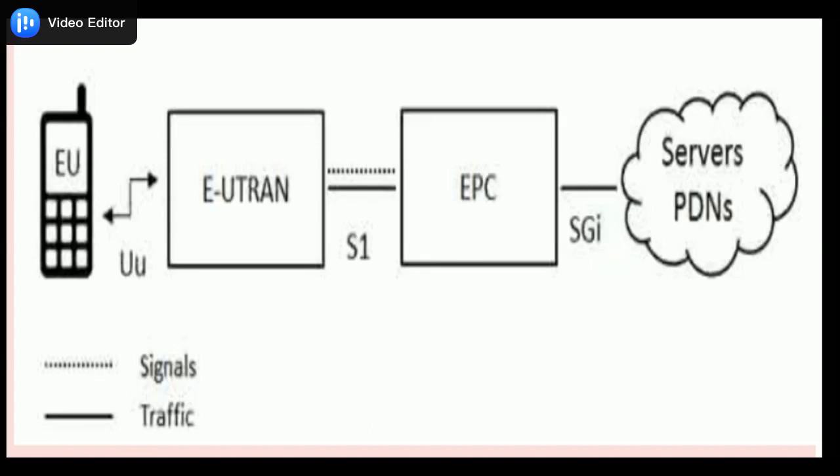Okay, the user equipment. The internal architecture of the user equipment for LTE is identical to the one used by UMTS and GSM, which is actually a mobile equipment, ME.